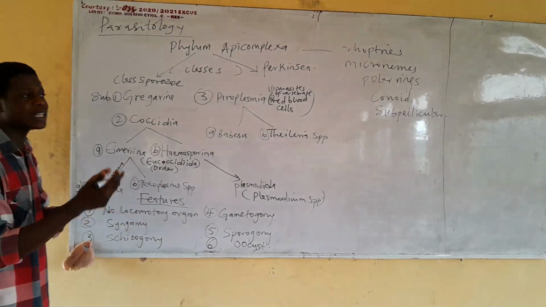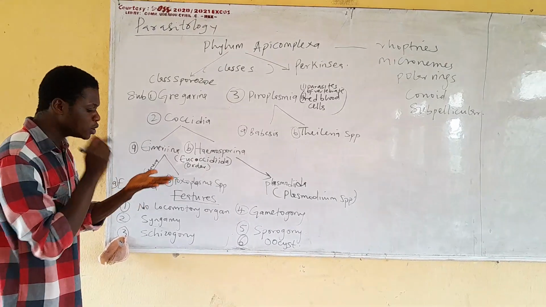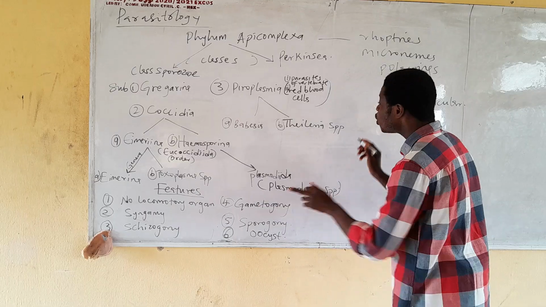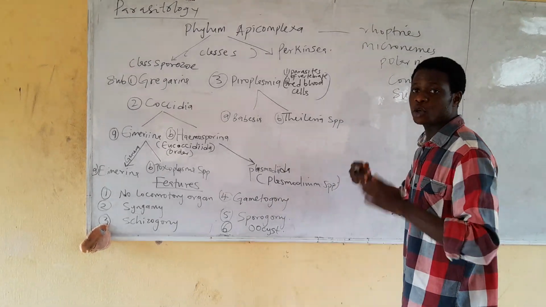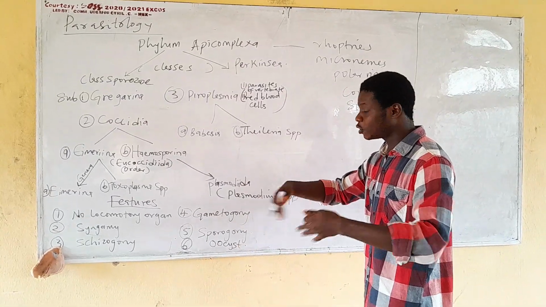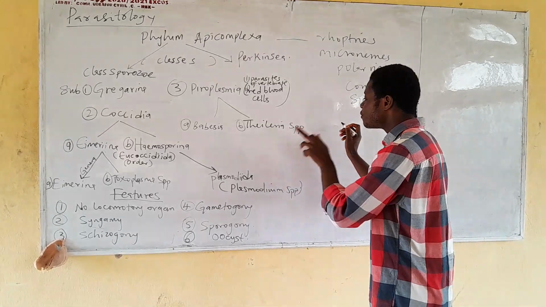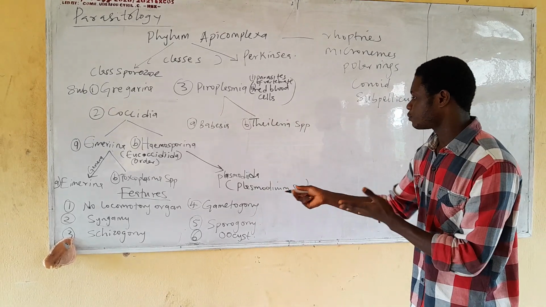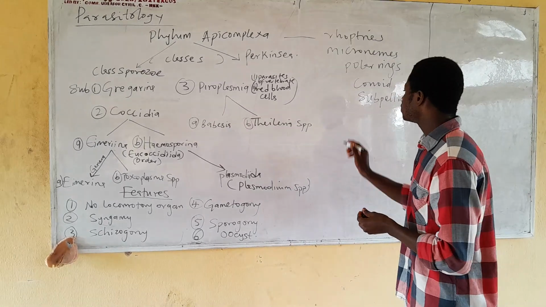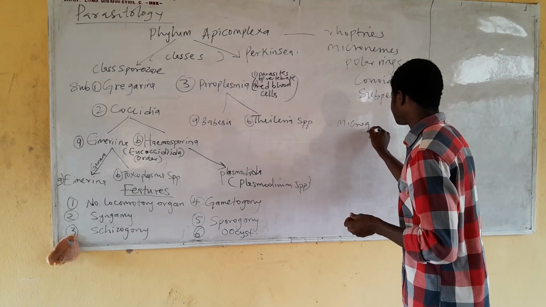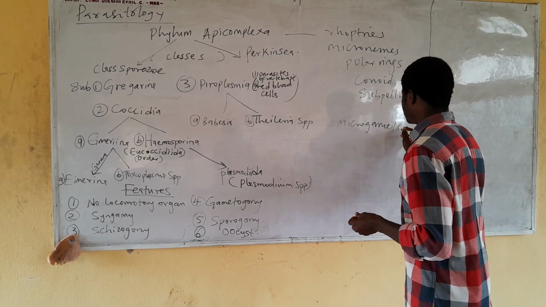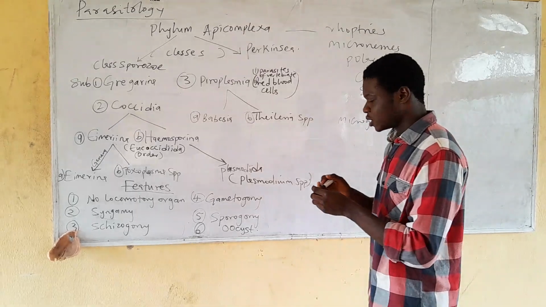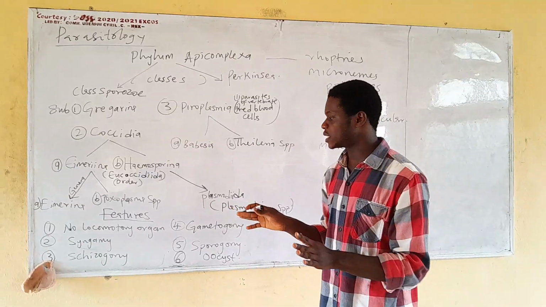They don't use them for locomotory movement, and they are only found in the microgametes.